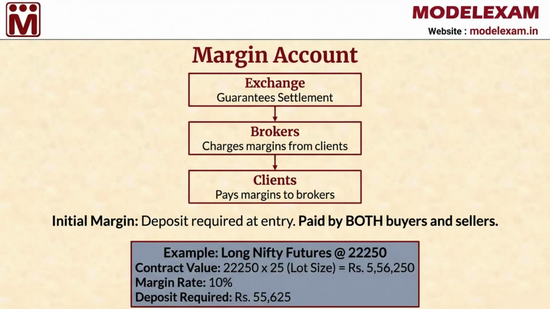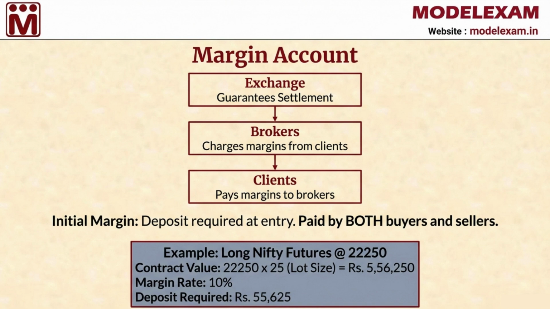Moving on, let us talk about safety and trust. To make sure everyone follows through on their promises, the exchange uses a margin account. You can think of this like a security deposit. When you enter a contract, you must pay an initial margin.